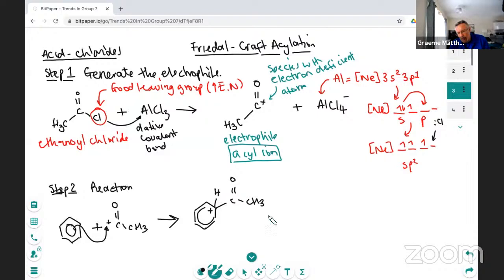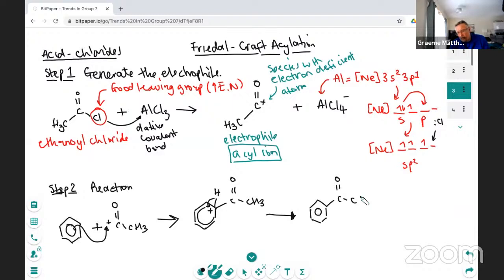Now, what happens is the hydrogen, and I'll explain why, collapses back down. The hydrogen gives its two electrons in the carbon-hydrogen bond back to the ring, and you end up reforming the ring, and you've got this.